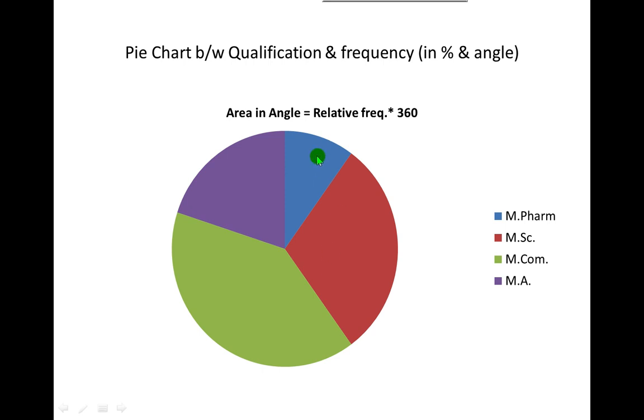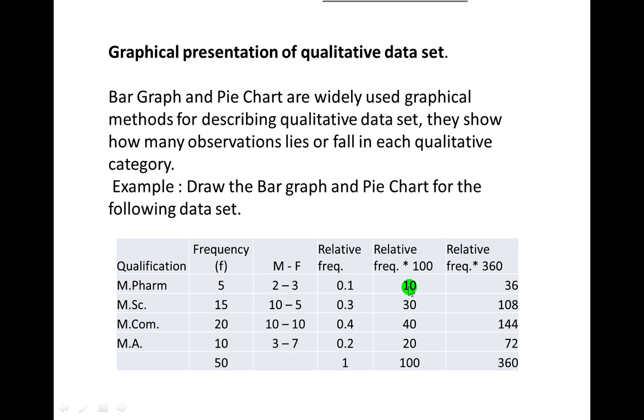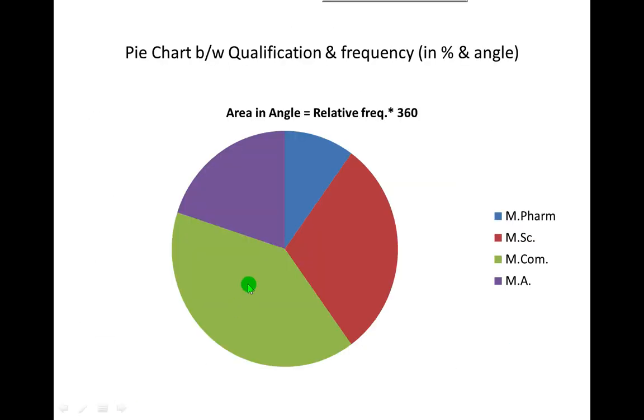This area in percentage, the 36 degrees, will be equal to 10%. Another area is equal to 30%, next 40%, next 20%. Okay, so the total area is 100%.